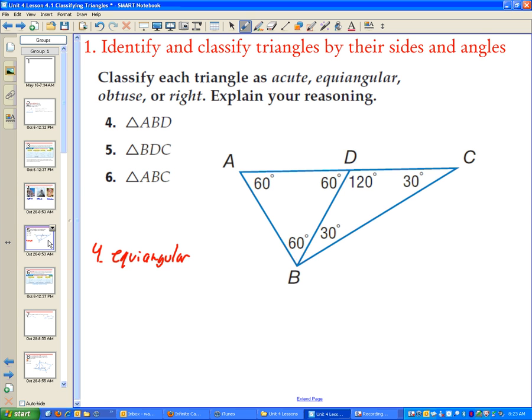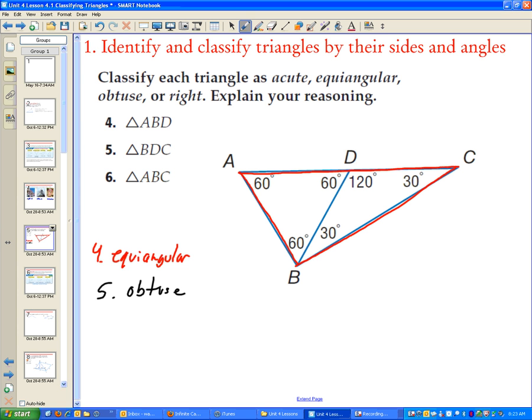Then number 5 is triangle BDC. So find the triangle with B, D, and C as your vertices. So what's number 5? And then number 6 is triangle ABC. So A, B, and C are the vertices.